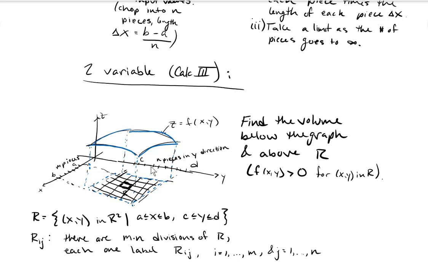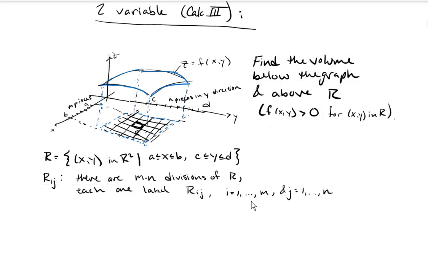That makes a grid of m times n little rectangles, each called Rij for some value of i and j.